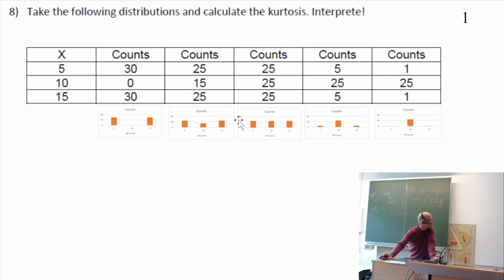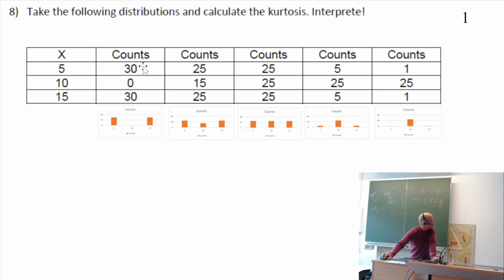So if we just have in mind that a kurtosis of 3 would be that we are quite close to a normal distribution, and we interpret this as having many outliers, then maybe we would say this would be a distribution with many outliers.